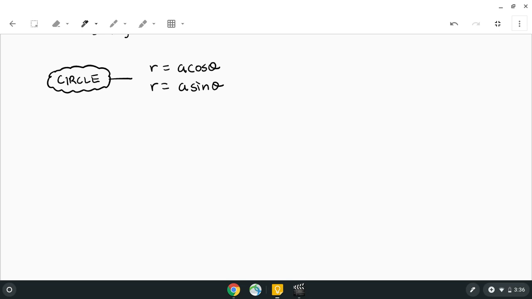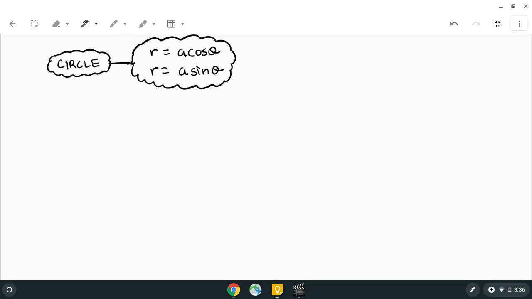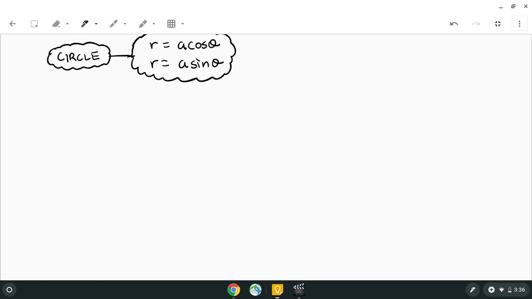Recognizing the structure will be important as far as knowing which shape is going to be the graph. All right, so let's take a look at an example. Let's go ahead and graph r equals 2 sine theta.